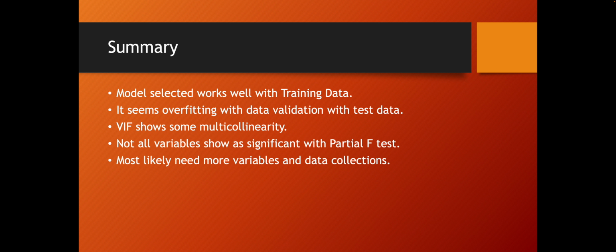So in this case, I think we need more variables and more data collection. As you can see in the trend of the FTE in the past 10 years, it's a downward trend. So I need to study some more on what variables or what factors might affect that.